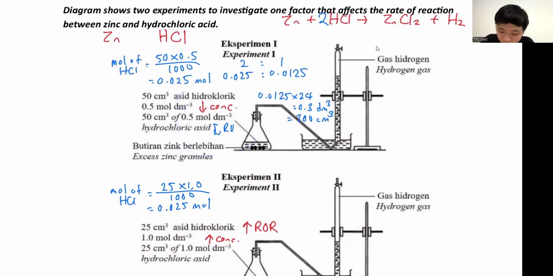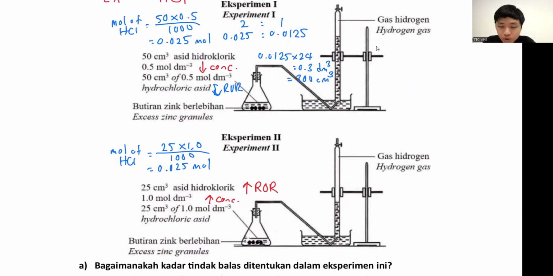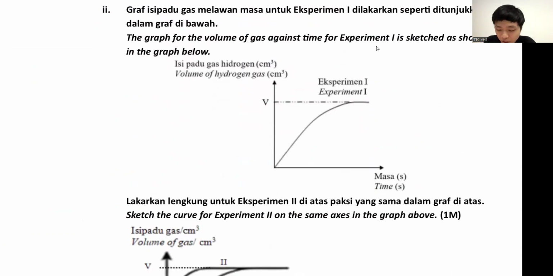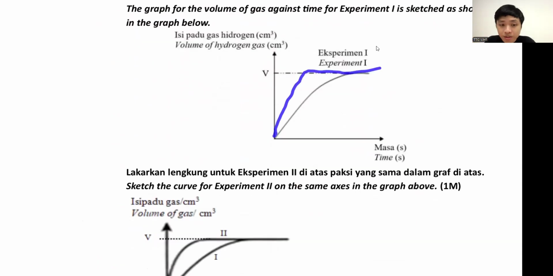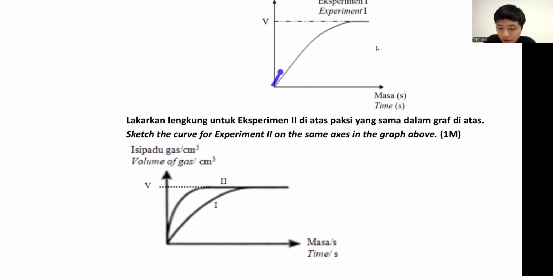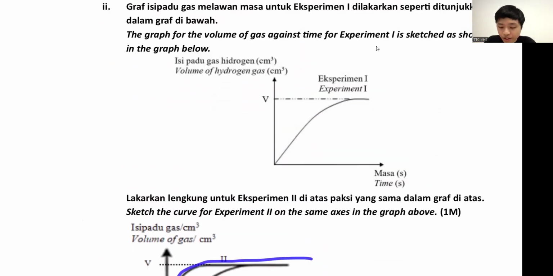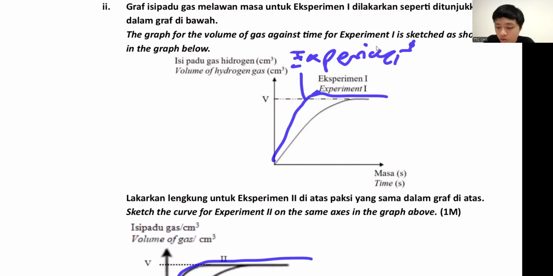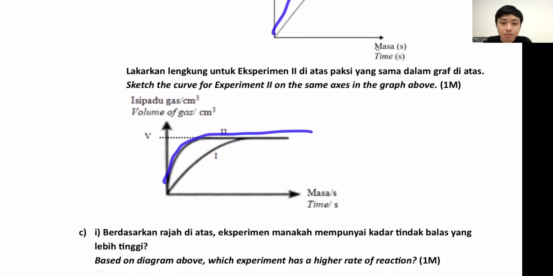So if you draw the curve for experiment 2, you have to draw it a bit earlier, just like this. You can just sketch it here, then label it experiment 2. I can just say 2.